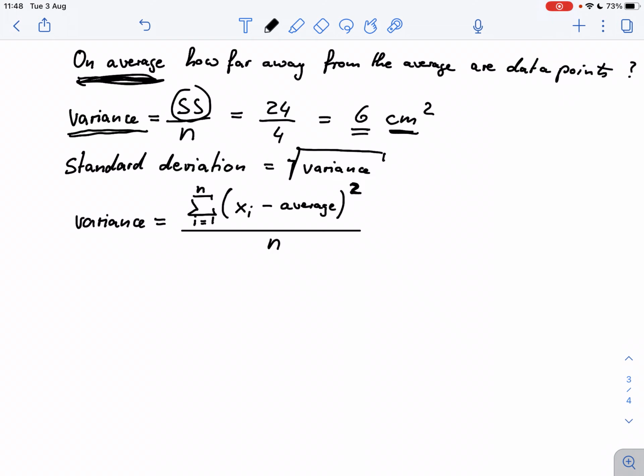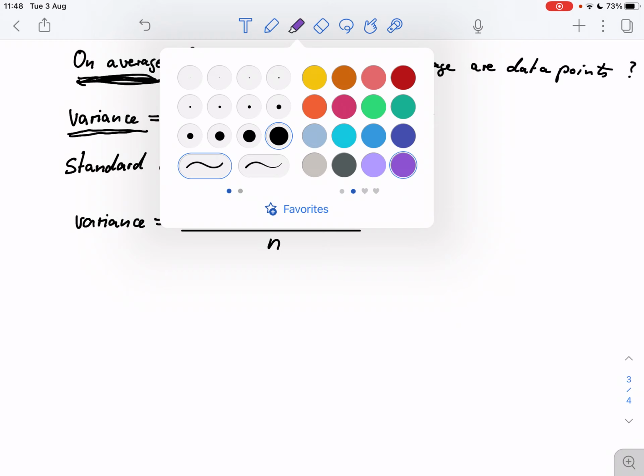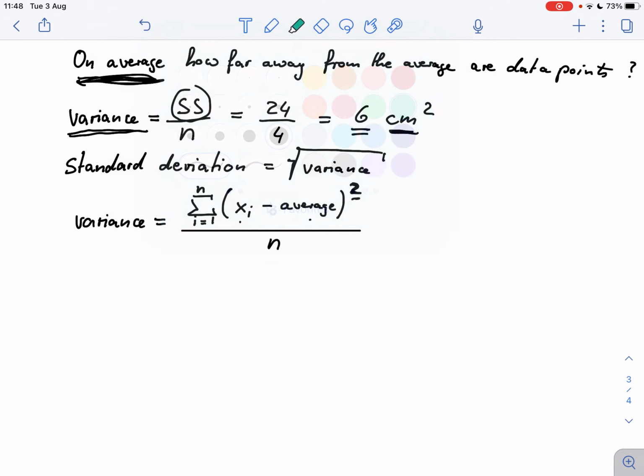So the variance is given as the sum of the squares of the difference between each data point and the average, and then we divide by 4. And that's a really important equation, and I just want to highlight that.